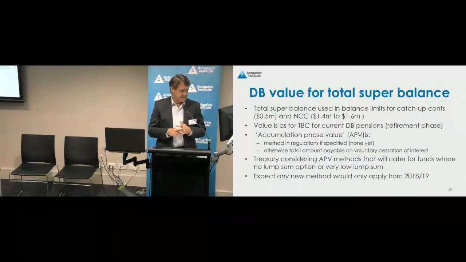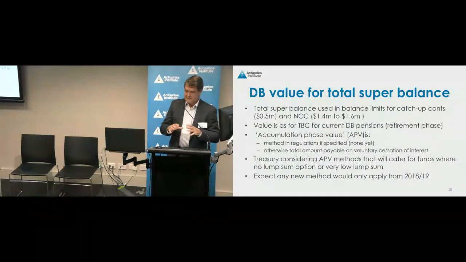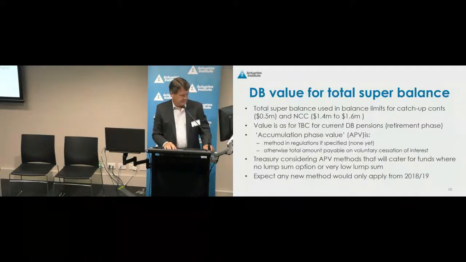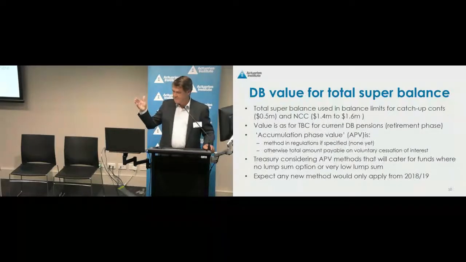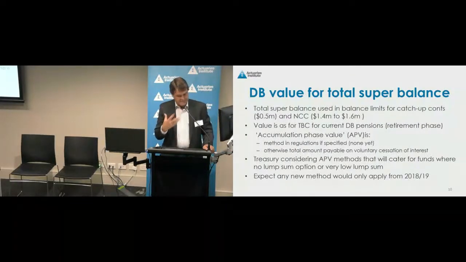So what this means is that you're possibly aware that there are some extra rules being introduced from these budget changes in relation to catch-up contributions. I think starting from 2018-19, the concessional contribution cap's coming down to 25 grand this year.